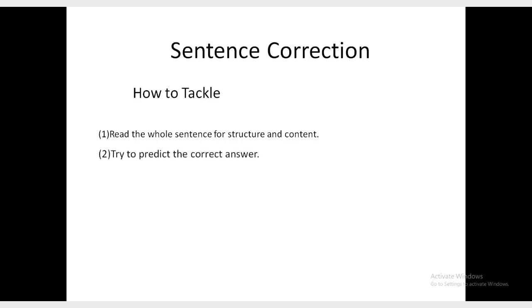Let me elaborate on this part for you. Structure. What's the structure of a sentence? Structure means the subject, verb, preposition, conjunctions. A conjunction is a word that joins words, phrases, clauses, or sentences.